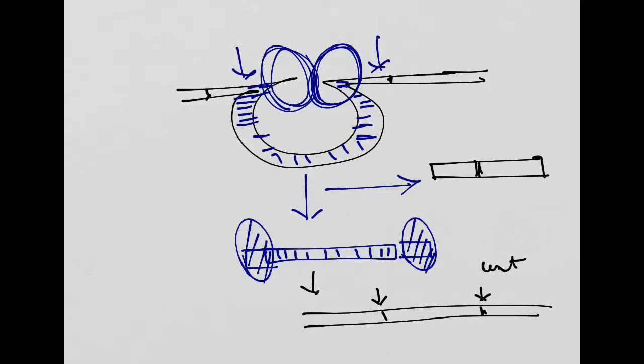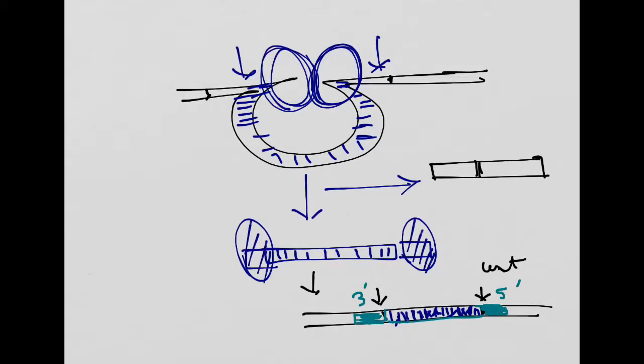Now your IS element will get inserted here. During insertion, what happens is on both sides, like the 3' and 5' end of this IS element, direct repeat sequences are generated due to duplication of the target site.